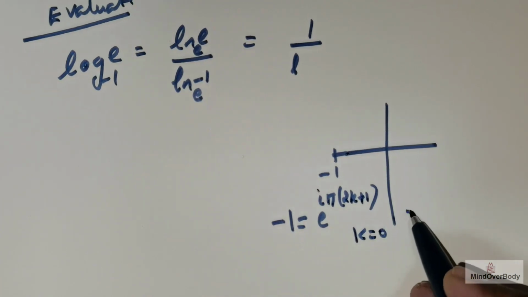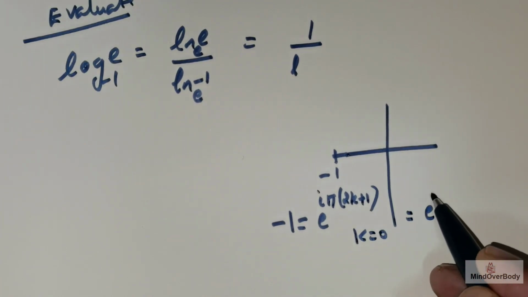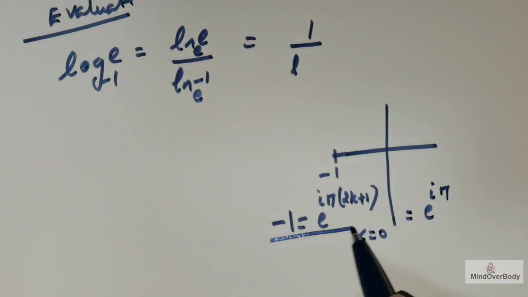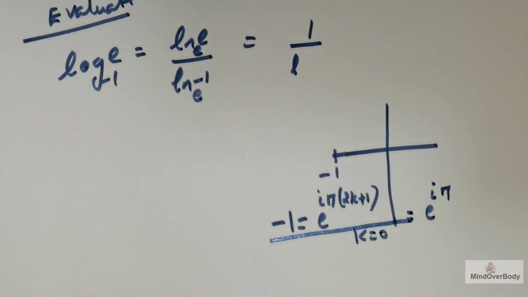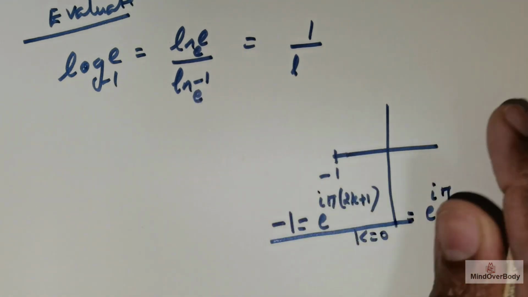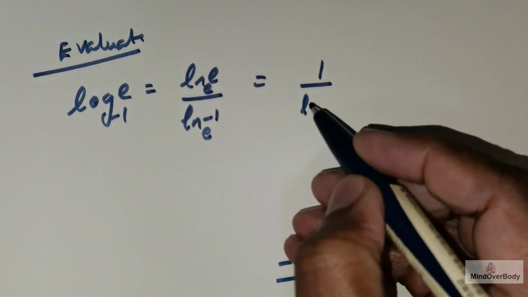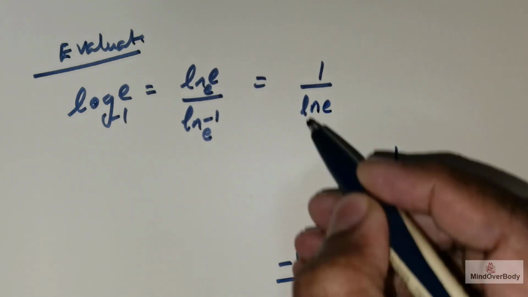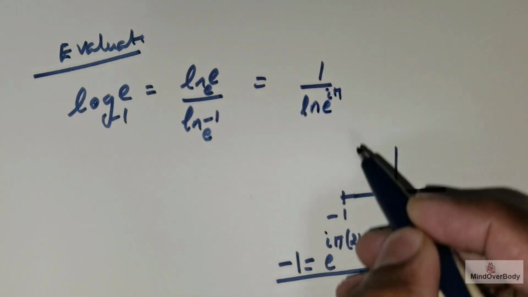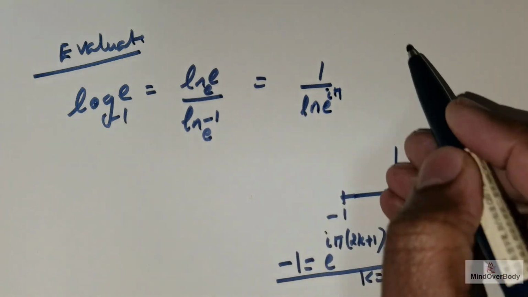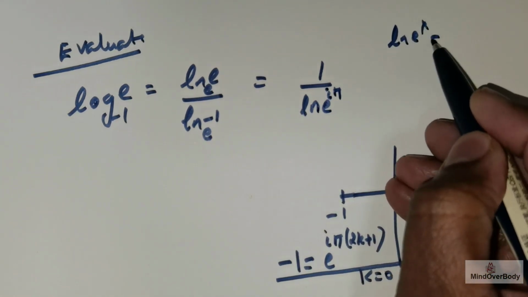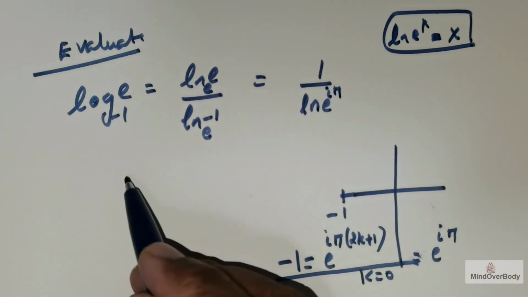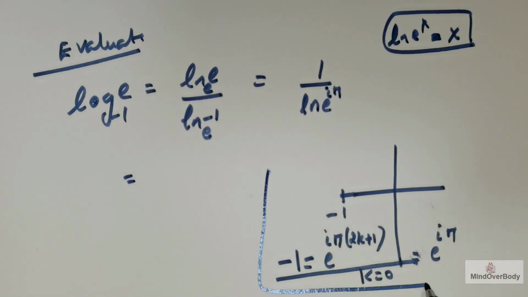When k is equal to 0, I get e^(iπ), which produces -1. So in place of -1, I substitute ln of e^(iπ). But we know that ln of e raised to the power x is equal to x.